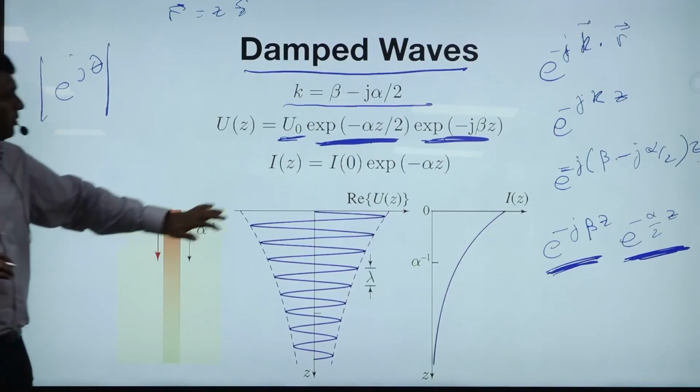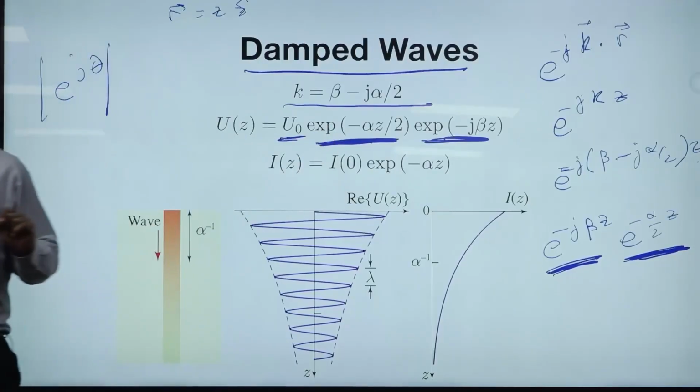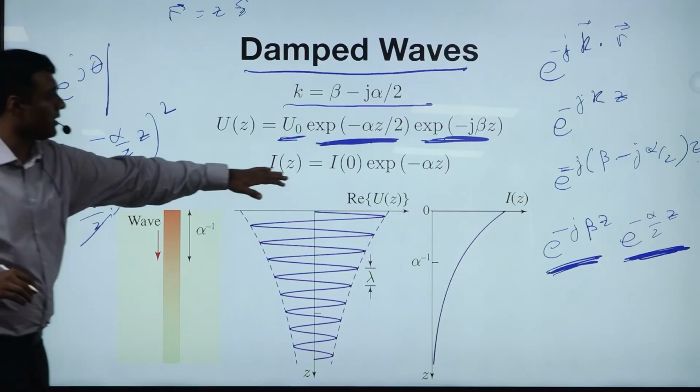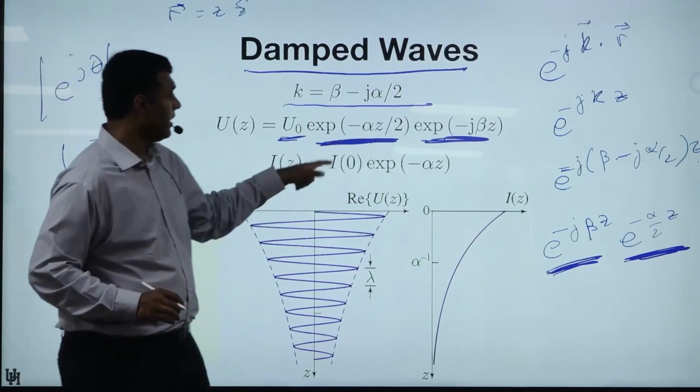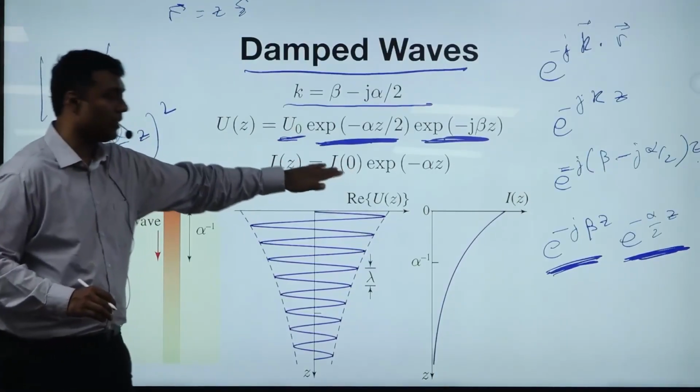So this term will disappear. And when you have the square of e to the minus alpha divided by 2 z, it becomes e to the minus alpha z. And U0 square is equal to I0, the starting intensity.